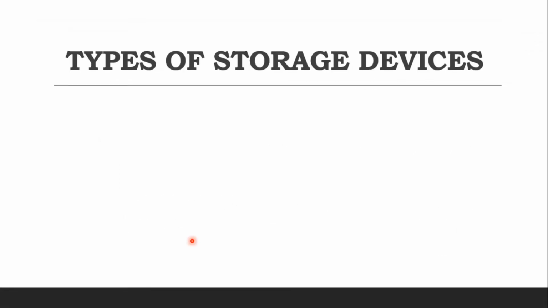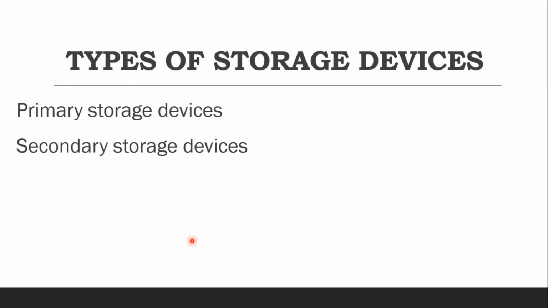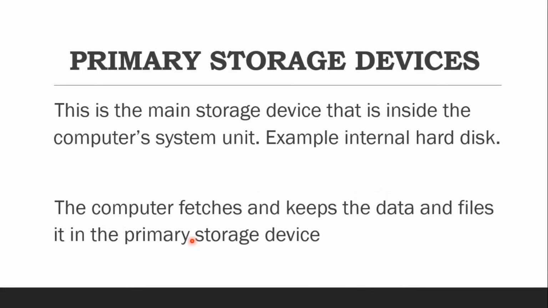Types of storage devices. We have two types of storage devices: primary storage devices and secondary storage devices. For primary storage devices, this is the main storage device that is inside the computer system unit. An example is your internal hard disk. All computer devices come with a storage capacity.